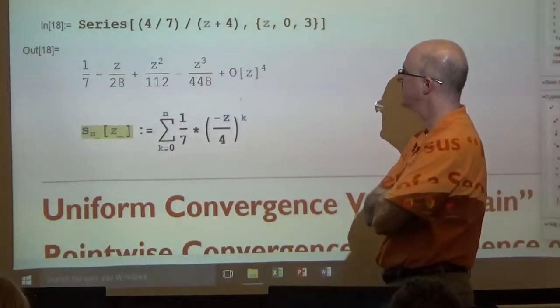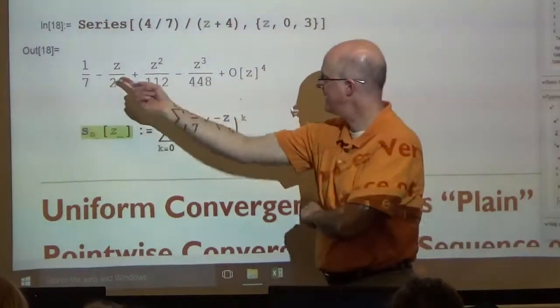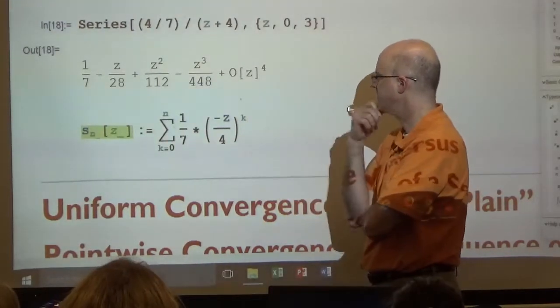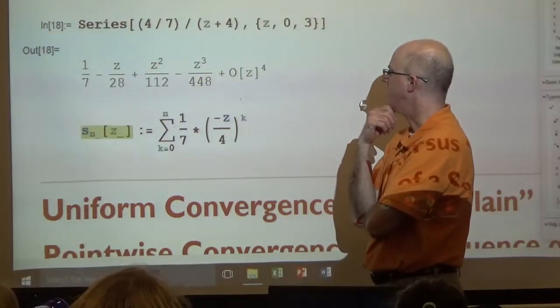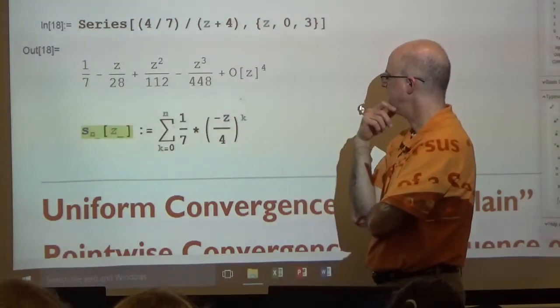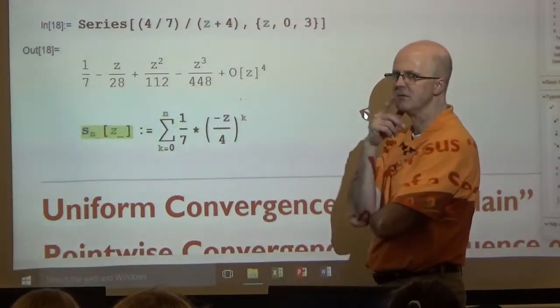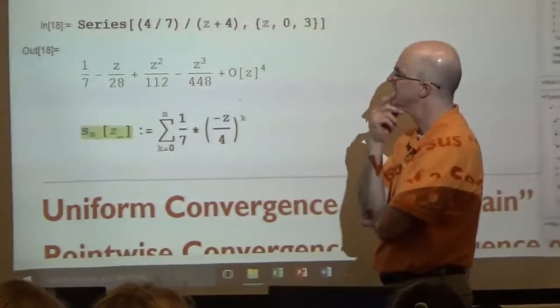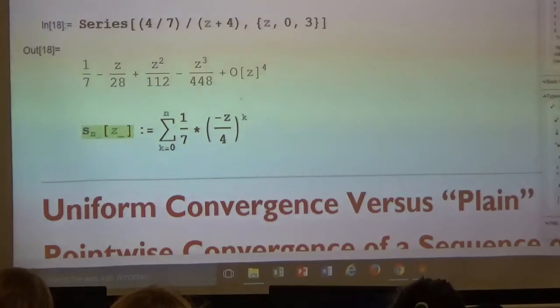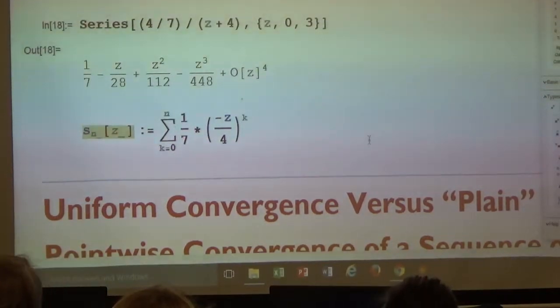When k is 1, we do get a minus sign there. We get z to the first power. 4 to the first is 4. 4 times 7 is 28. When k is 2, we get a positive z squared. 4 squared is 16. 16 times 7 is 112, right? Yep. I think this is right. So there's the partial sum for that series.